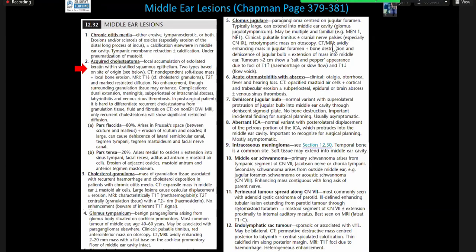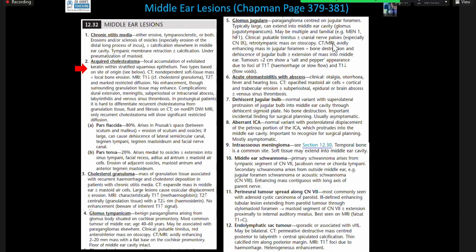Skin has this characteristic: the skin cells exfoliate, so they keep churning out more keratin, and this keratin becomes a ball. This ball has some properties to cause erosion, and this happens over years and years. Please remember that. And this will not enhance or anything.